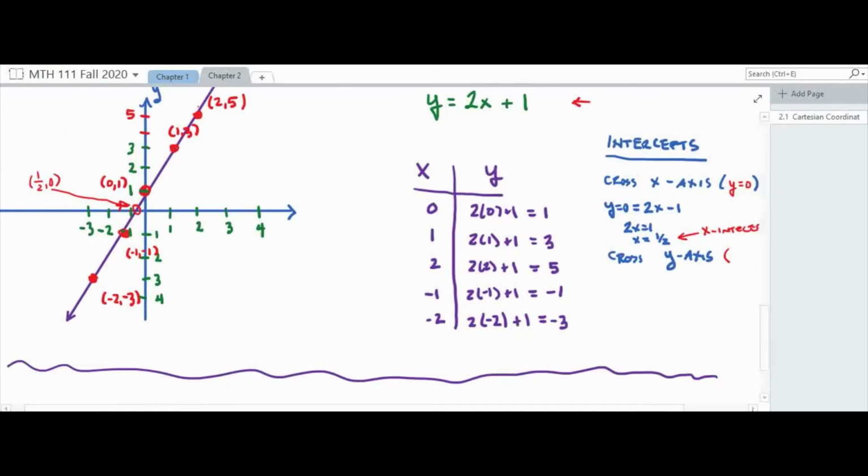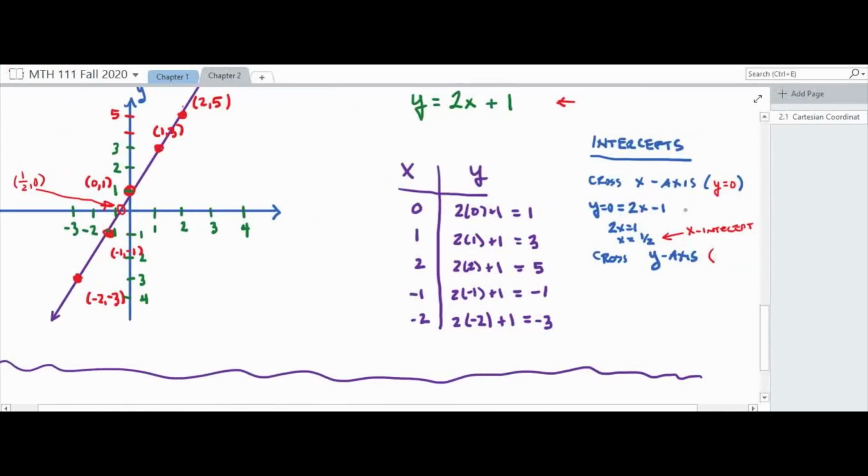So the same idea as before, except now we have x equals 0. So now we're going to change our equation up just a little bit to do this. We're going to say y equals 2 times 0 plus 1. And this just falls out directly. 2 times 0 is 0. So y equals 1.